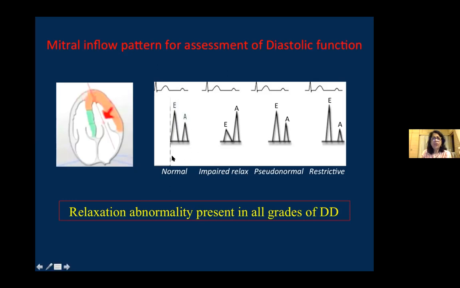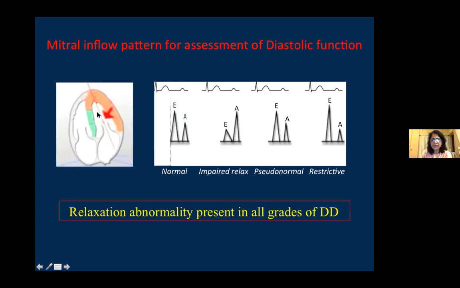Now, as you know, I have already shown you in normal diastole, normally the first wave is called E and the second wave is A, and E is more than A. So this is the normal pattern. E is more than A wave. Now, as the patient develops relaxation abnormality, the E wave velocity is reduced because LV pressure fall is less.